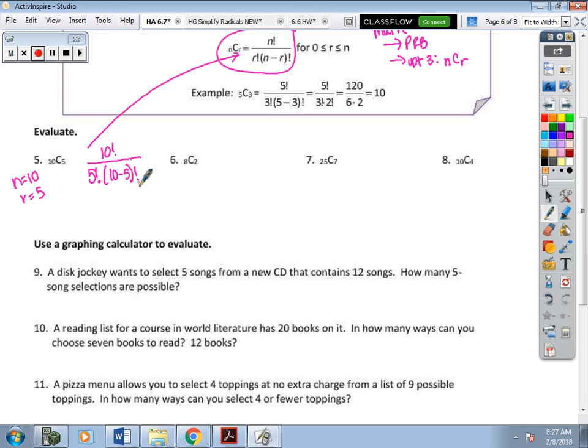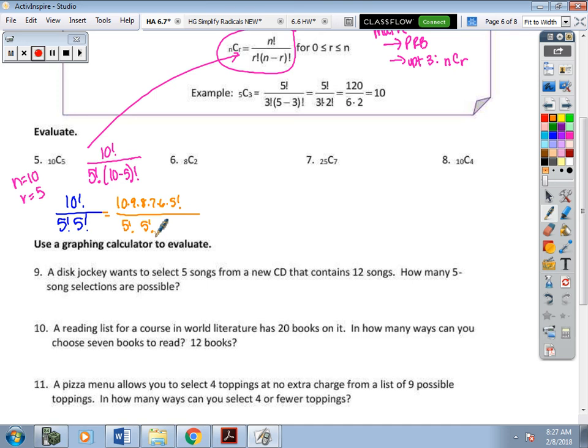So this should get me 10 factorial over, you cannot just divide these and make it 2 factorial. So please make sure you don't do that. It's not like a fraction 10/5. It's 10 times 9 times 8 all the way down to 1 and so on. Now you can expand the top if you want to. You could make this 10 times 9 times 8 times 7 times 6 times 5 factorial.